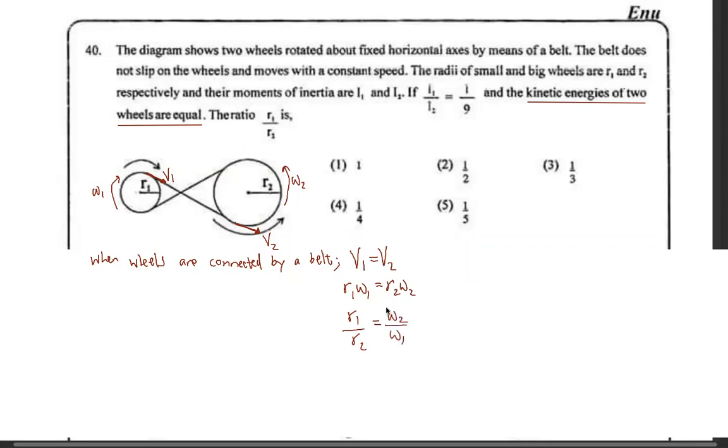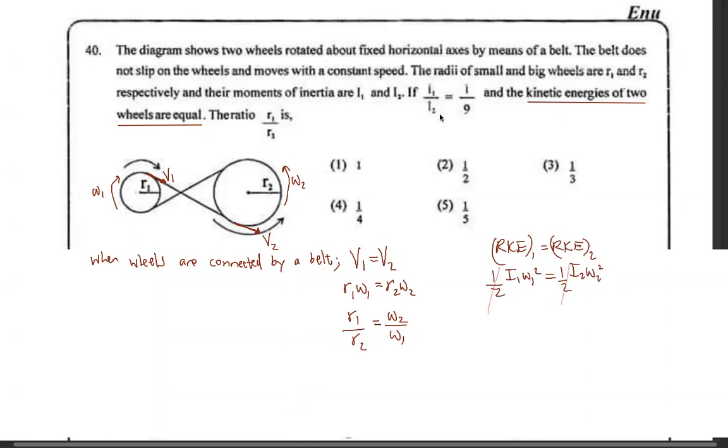Omega 2 over omega 1. And they have told that the rotational kinetic energies are equal. So I can say rotational kinetic energy of wheel 1 is equal to rotational kinetic energy of wheel 2. What is rotational kinetic energy of wheel 1? That is half I1 omega 1 squared, and half I2 omega 2 squared, and the halves are going to get cancelled out.